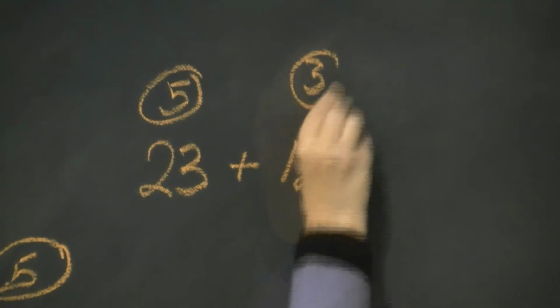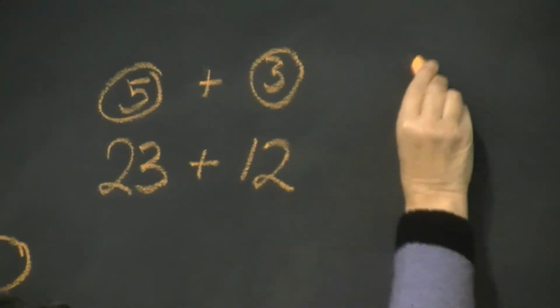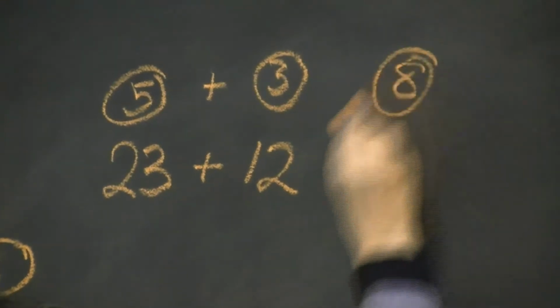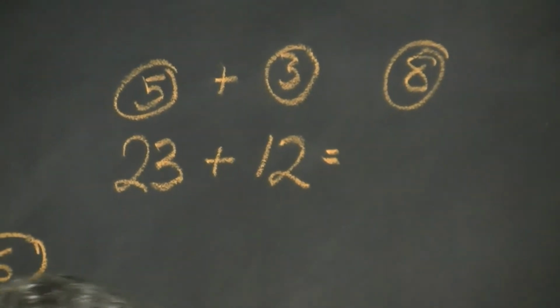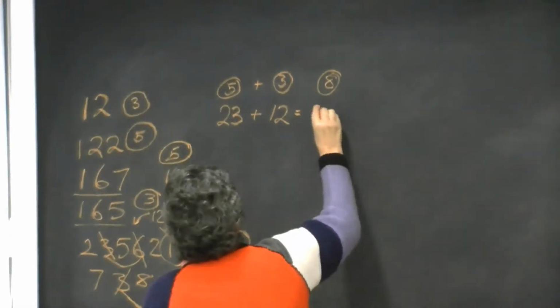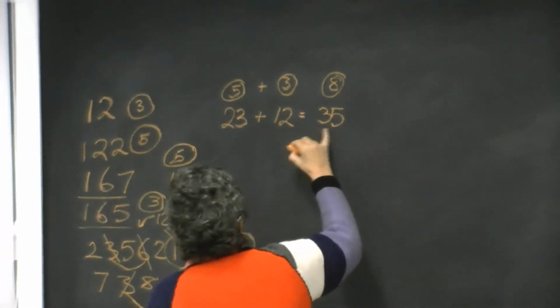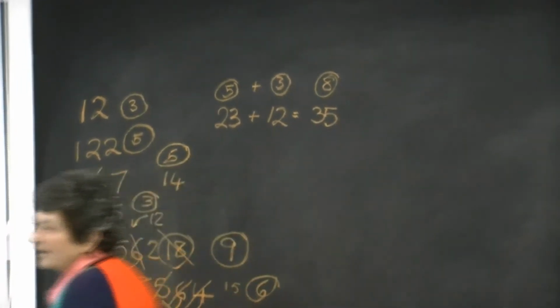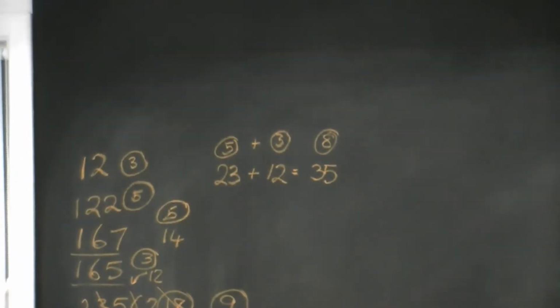And if I add 5 plus 3, I will get 8. Now, let's see what I get. What's 23 plus 12? 35. And what's the digit sum of 35? 8. Oh, that's so cool. Isn't that sweet? So you can check your addition by checking the digit sums.